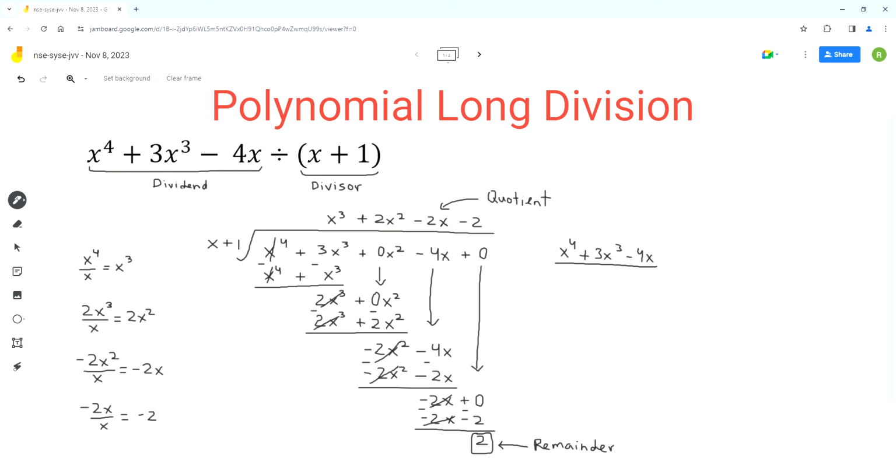Over the divisor, which is x plus 1, equals the quotient, which is x cubed plus 2x squared minus 2x minus 2, plus the fraction for the remainder. The remainder goes in the numerator and the divisor goes in the denominator. This is the division statement for this polynomial long division, and this should be our final answer.